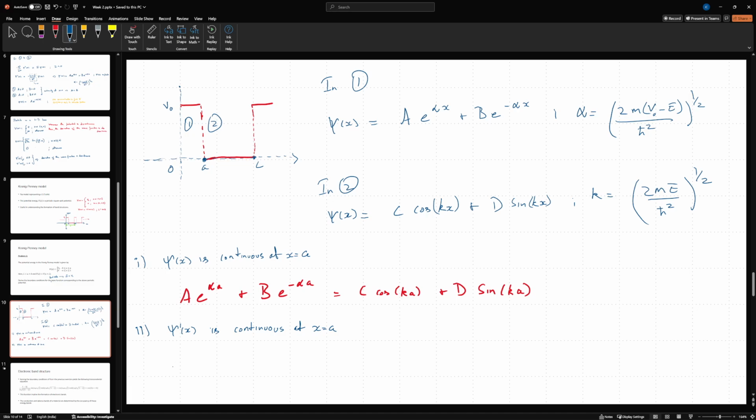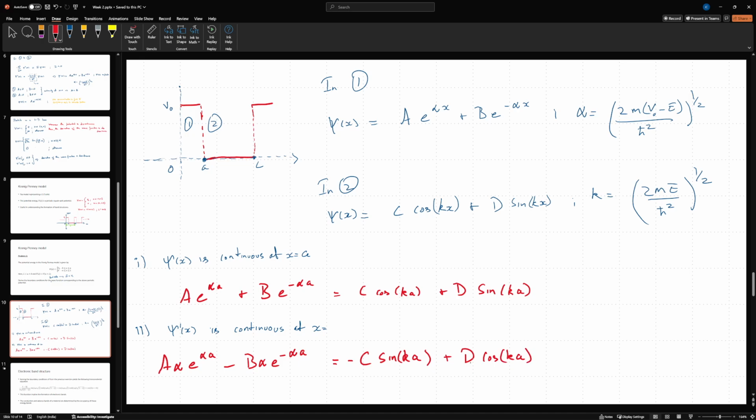So that will lead to the equation a alpha e to the power alpha a minus b alpha e to the power minus alpha a, which is further equal to c minus c sin ka plus d cos ka.